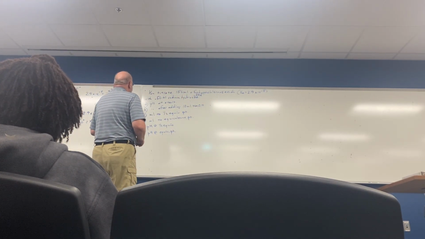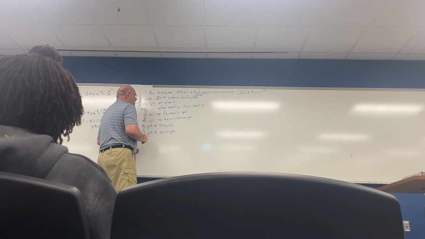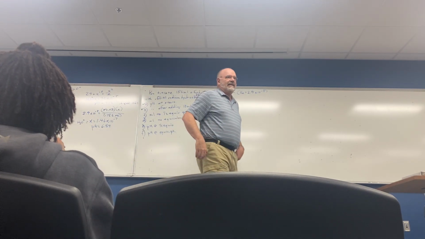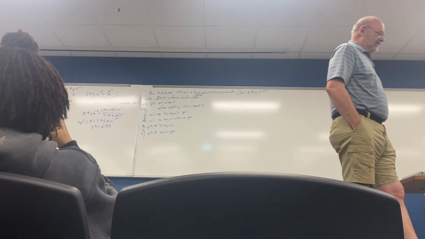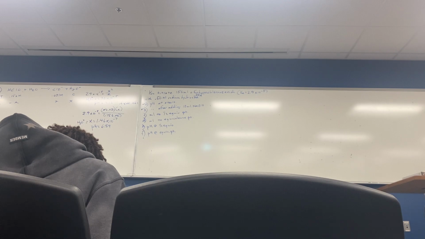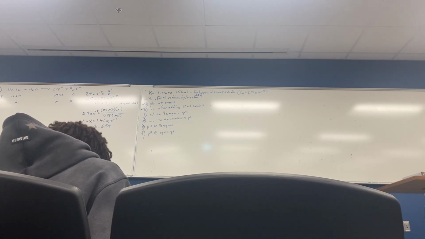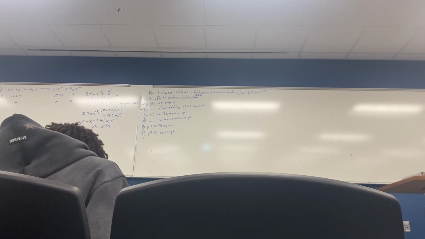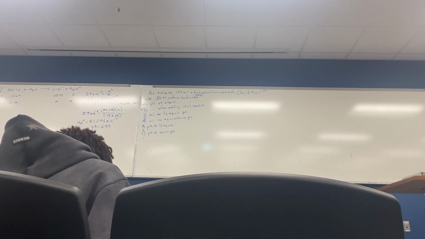Okay, so we've done A, we've done B. How many mils to get to the half equivalence point? Half equivalence point, what is that? It's where pH equals pKa. Well, yeah, but where is it?